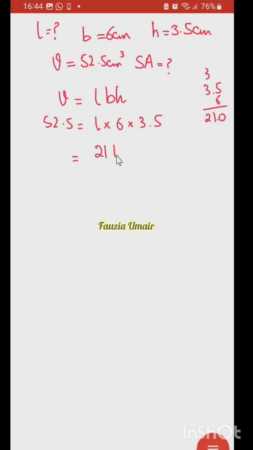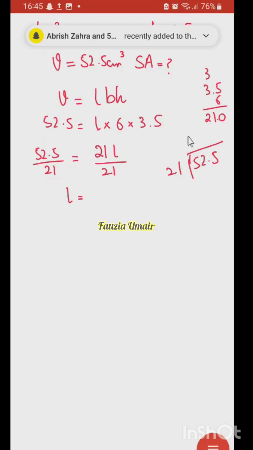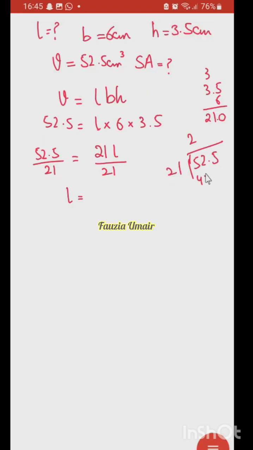21 L equals 52.5. Okay, so now we will divide both sides by 21. So L would be, now we have to divide, look. So you should know, Ma'am, 52.5 is divided by what? 21. Okay, beta. So now we will see 21 twos are 42. Okay.